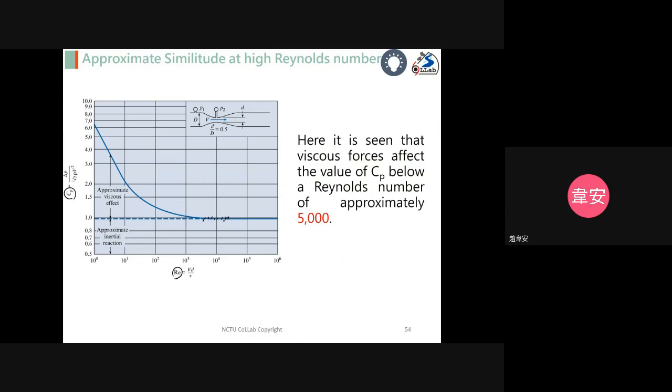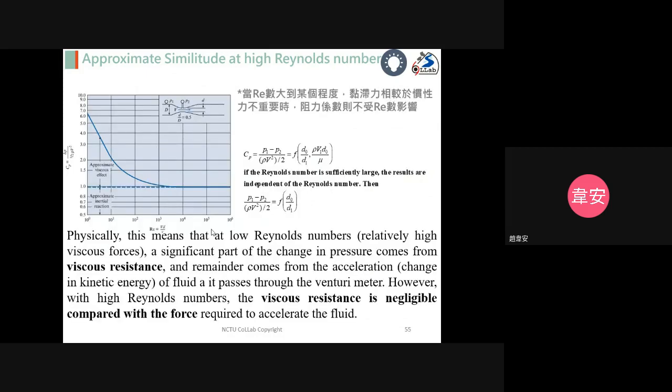Okay, so what is the advantage if we have this characteristic and these properties showing in the figures? If we have a problem, we know that the pressure coefficient is a function of the diameter ratios and the Reynolds numbers.